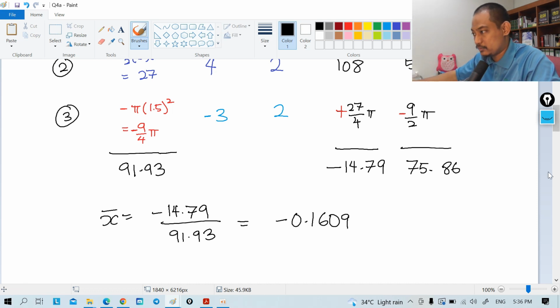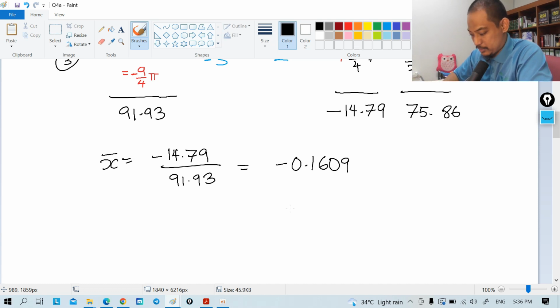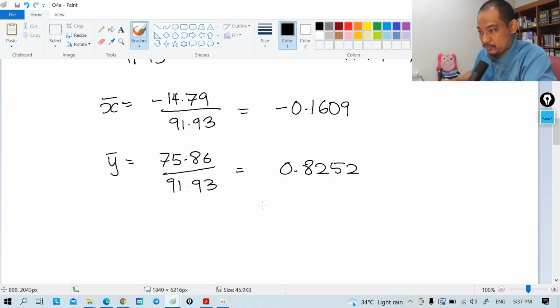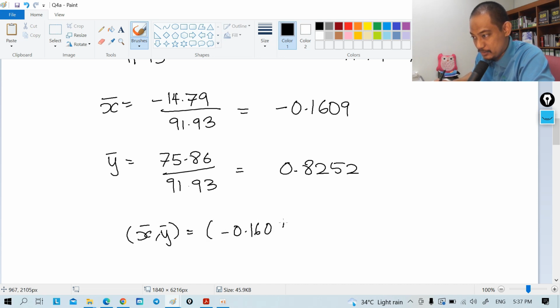This is in meters or something; we'll check the unit. y bar equal to 75.86 divided by 91.93, which is 0.8252. So the question asks for the coordinate: negative 0.1609, 0.8252. Alright, that's the answer.